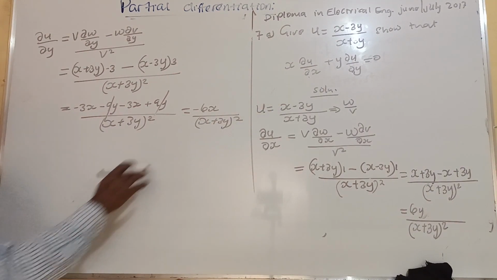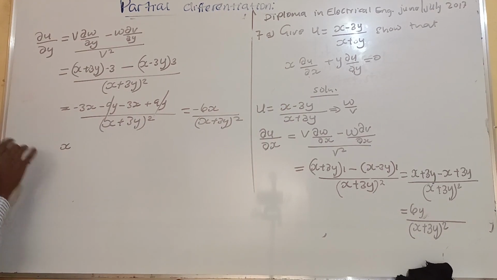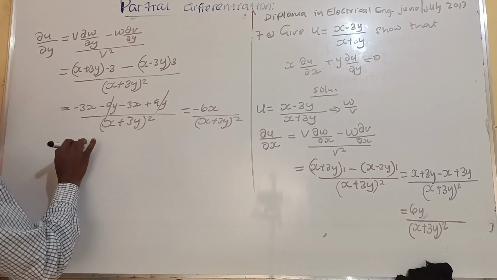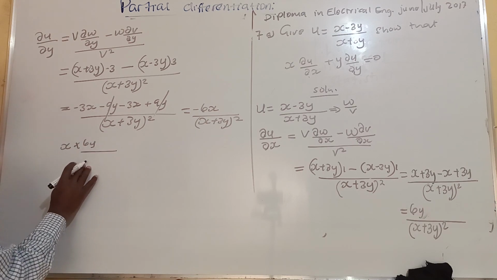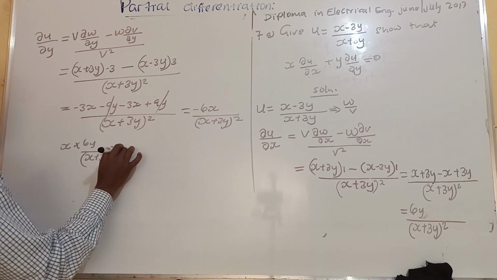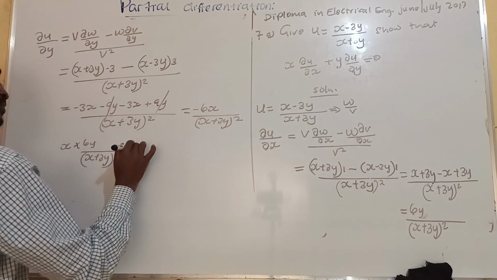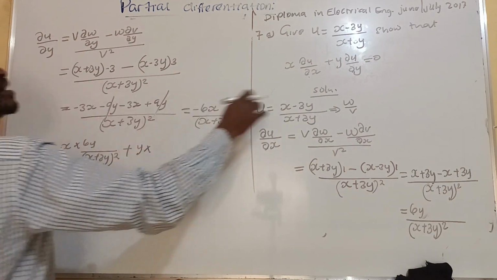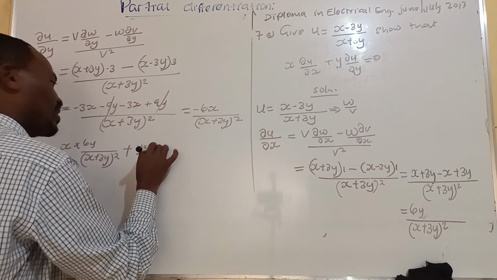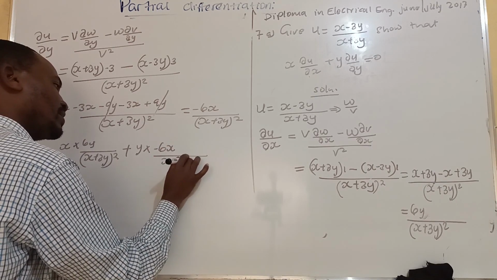Now we prove that. In that equation we will need x times the partial derivative of u with respect to x, which is 6y over x plus 3y squared, plus y times the partial derivative of u with respect to y, which is negative 6x over x plus 3y squared.